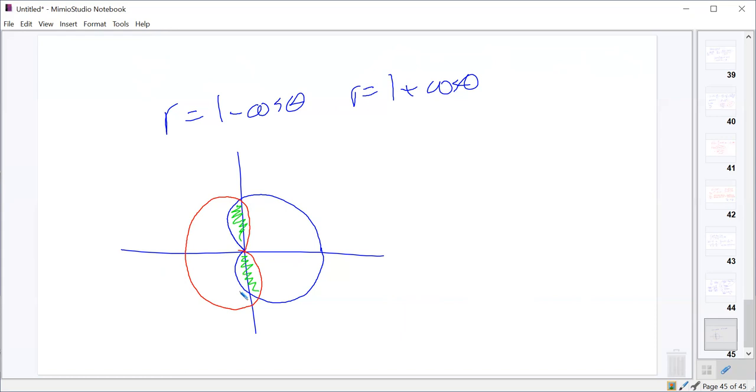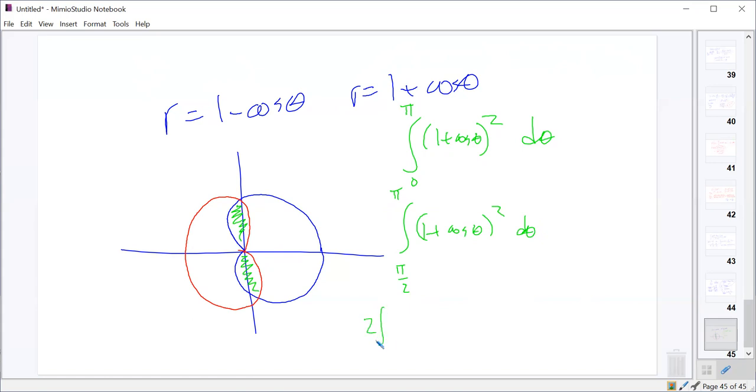And then they've given a bunch of expressions for the total area of that shaded region. So the options they've given you are an integral from 0 to pi of (1 plus cosine theta) squared d theta. An integral from pi over 2 to pi of (1 plus cosine theta) squared d theta. 2 times an integral from 0 to pi over 2 of (1 minus cosine theta) squared d theta.